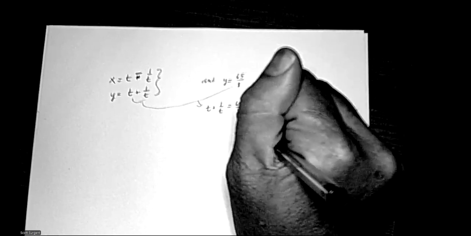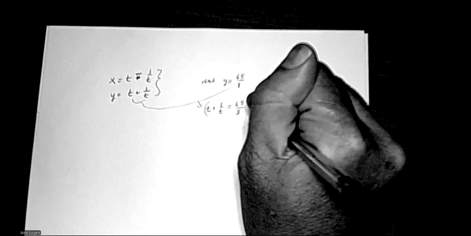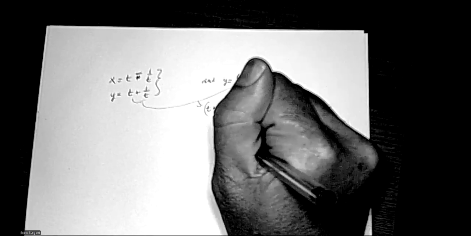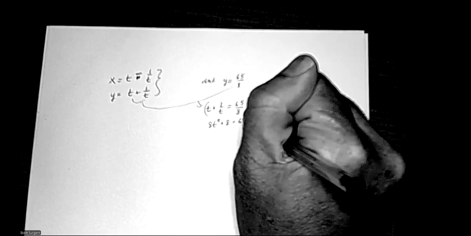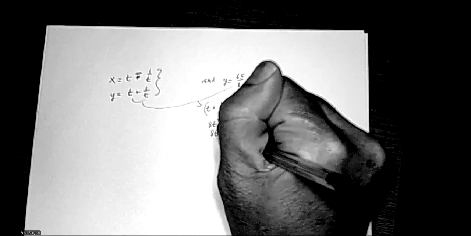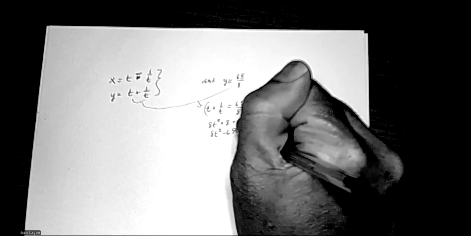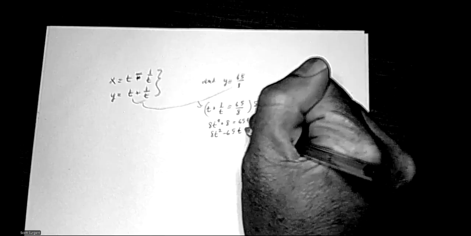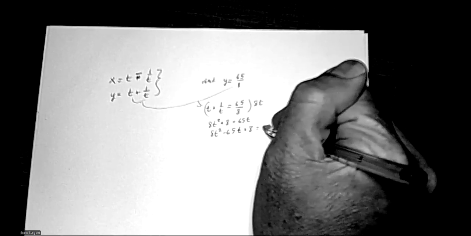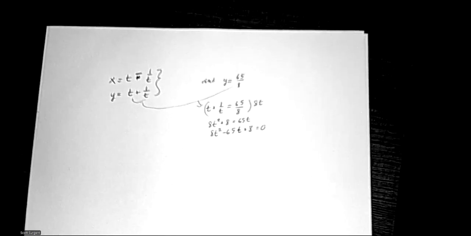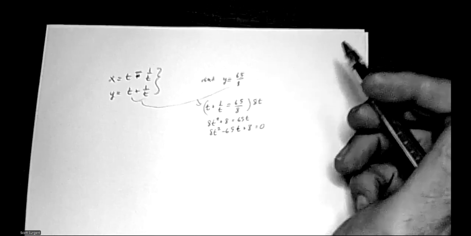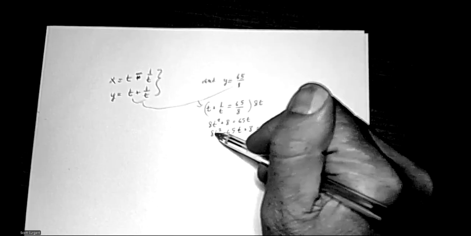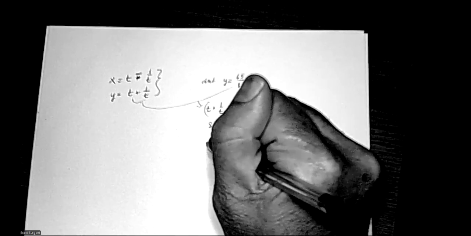I'll multiply through by 8t, and that'll get rid of the fractions. I'll have 8t squared plus 8 equals 65t. So 8t squared minus 65t plus 8 equals 0. This actually factors.